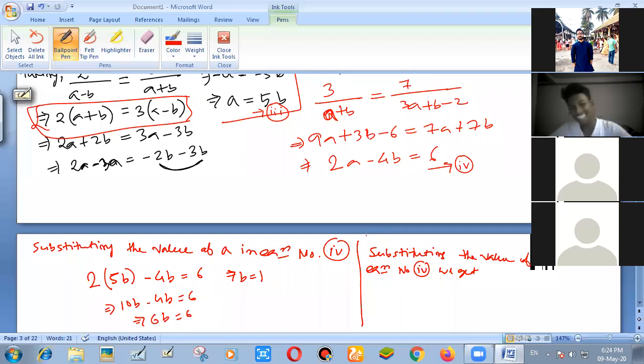Solve this, because you are on laptop. Substitute the value of b in equation number 4 and find out the value of a.